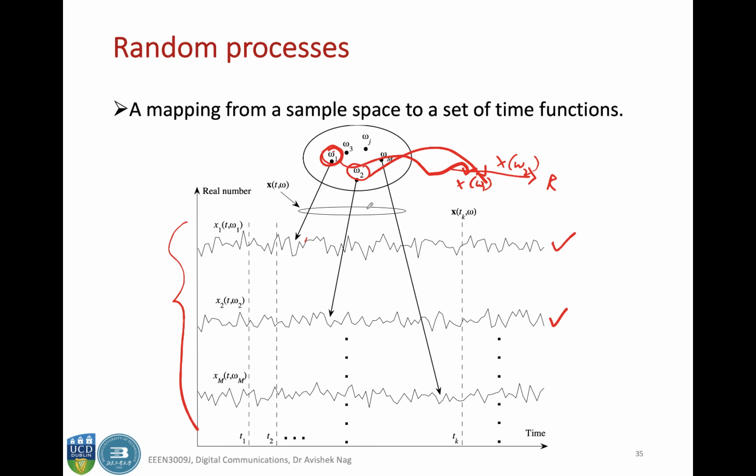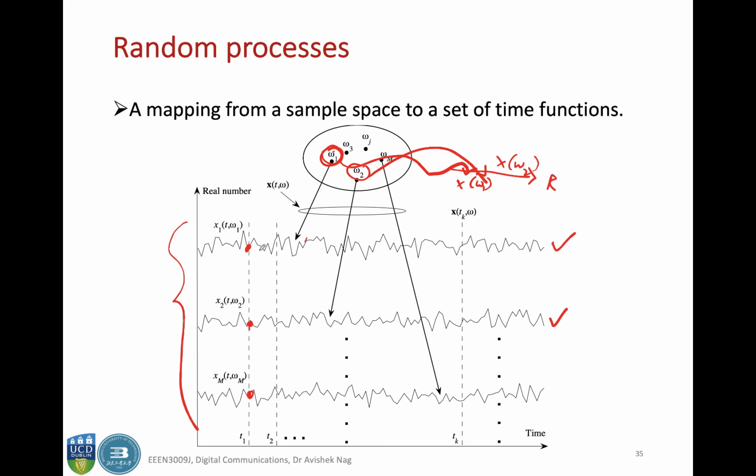If you take a snapshot at a particular time t1, you will get a particular value from each function: this value here, then this value here, then this value here. These are fixed values, and they are random variables. So note the difference between a random process and a random variable.